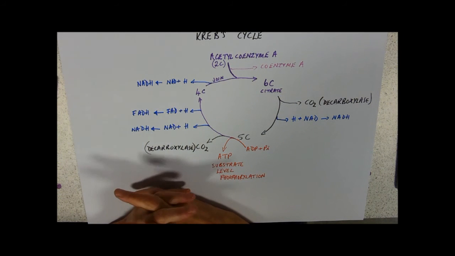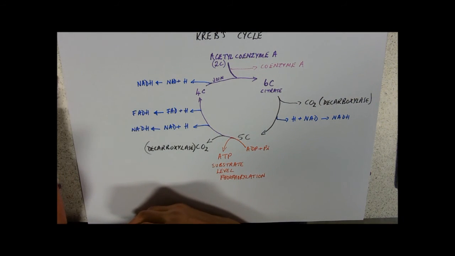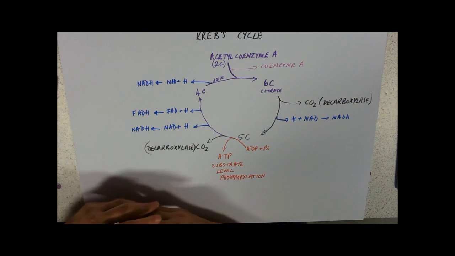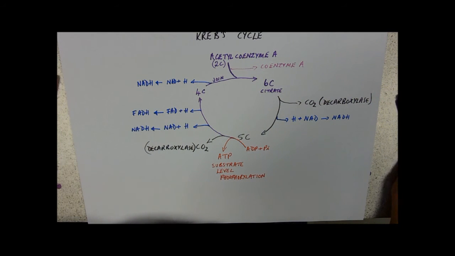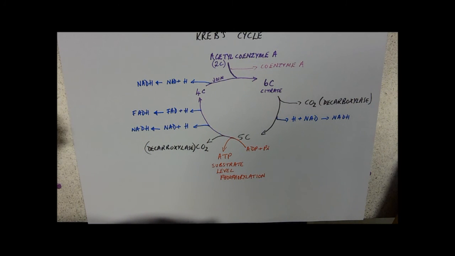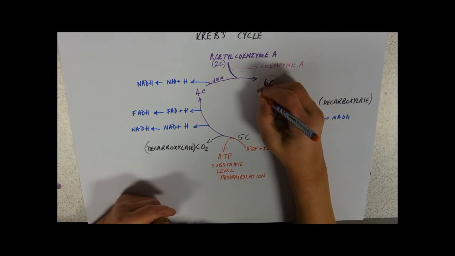The other sort of direction they might go is the things that can go wrong. So, you know, a very good way of testing your understanding of a series of reactions is to ask you about things that go wrong. So they might ask you something like, why might you get a build-up of this?